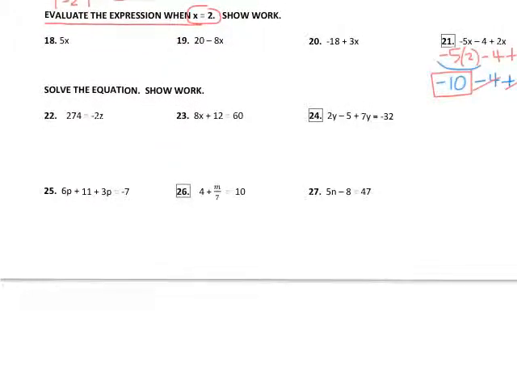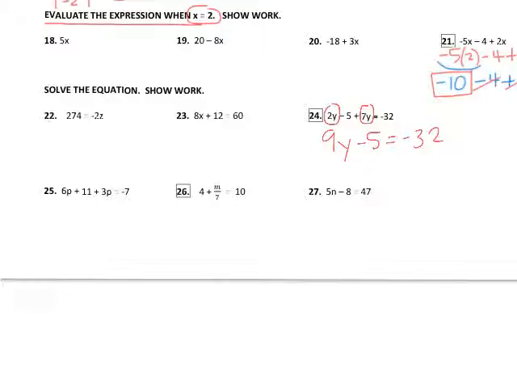And I am going to do numbers 24 and 26 just as some more review. We had some problems like these before, but it's always good to practice these lots and lots of times just to keep in shape. All right, for number 24, we have a 7y and a 2y that I'm going to combine. 9y minus 5 equals negative 32.